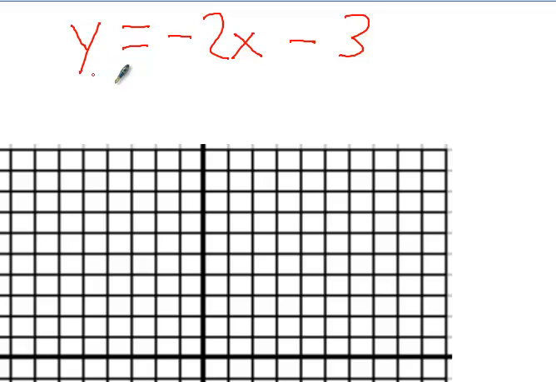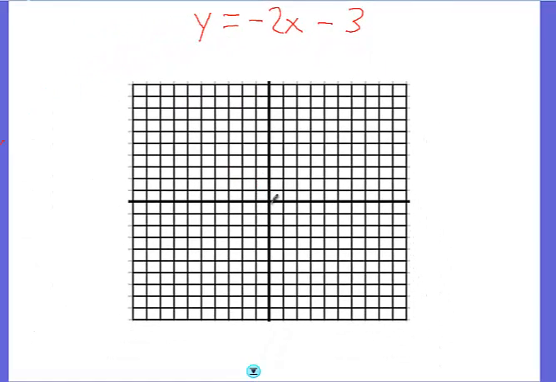Since it's in y equals mx plus b form, our b is negative 3, which is our y-intercept. So I'm going to go down to negative 3 and make a point. Our slope is negative 2 over 1, so from this point I'm going to go down 2, over 1, down 2, over 1, down 2, over 1, and we would connect our line. And that would be it.